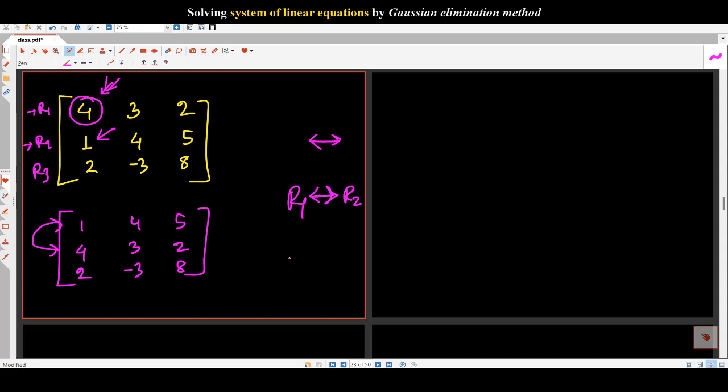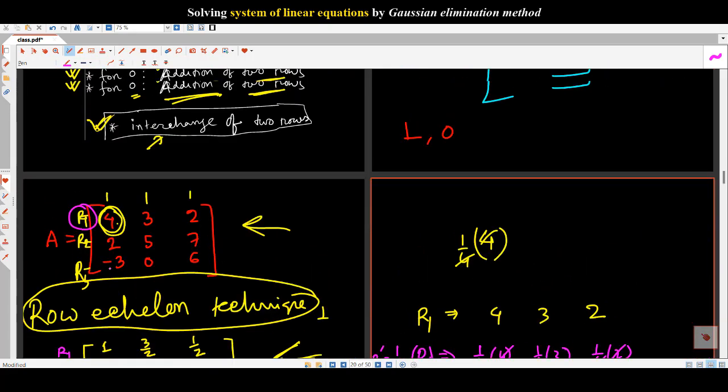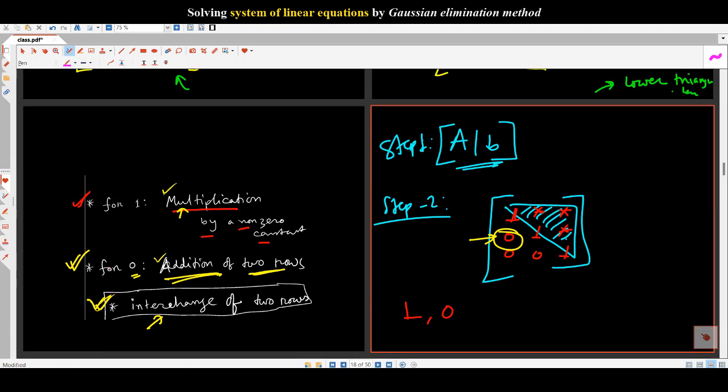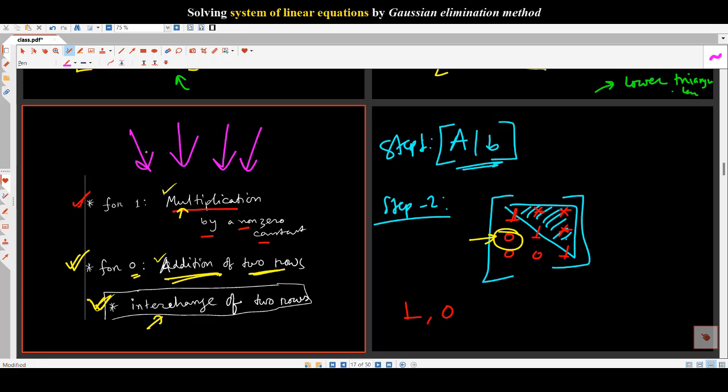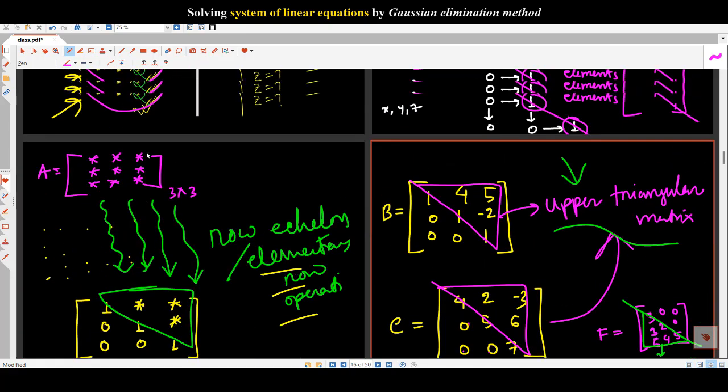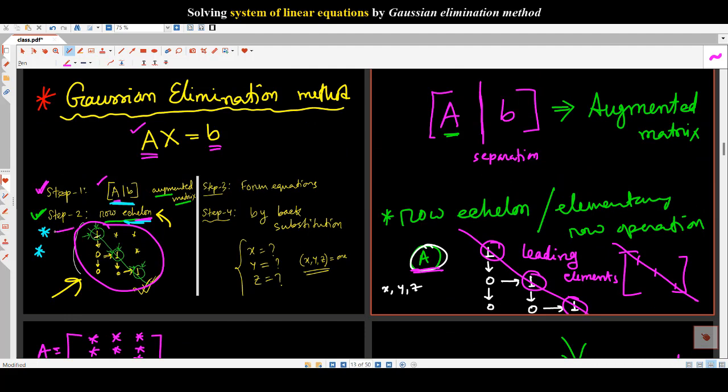So this is how we can do the interchange. While doing interchange, there will be no change in sign. Have a look. In R2 we have plus 1, plus 4, plus 5. Same values are written here. In R1 we have 4, 3, 2, plus 4, plus 3, plus 2. Same values have been written here. So whatever we are doing, that is known as elementary row operations, based on these 3 techniques, and that we have to do in step 2.